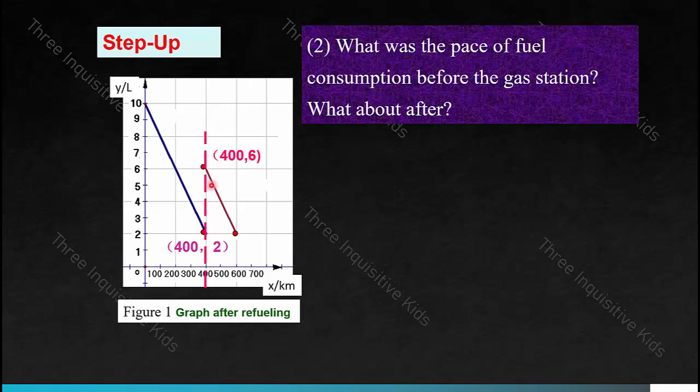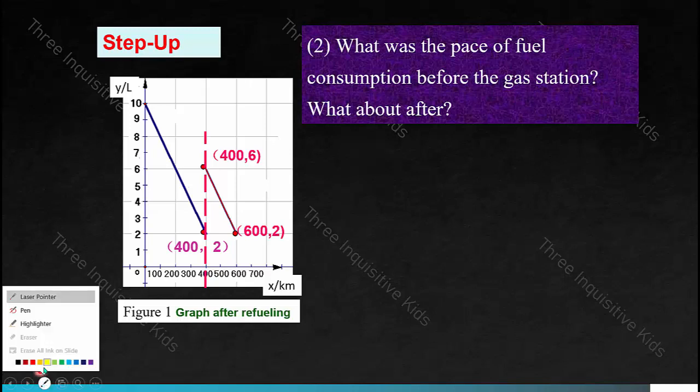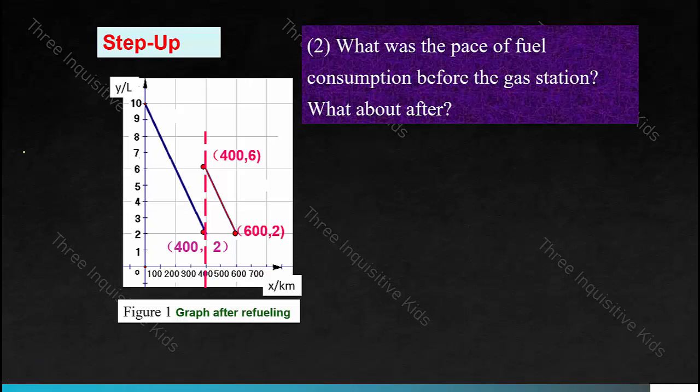And this x value that they both have is 400. And here it has a value of 600, 2. So we can find the change in y divided by the change in x. This is something we have not covered specifically yet, but I will be going over it quickly. This is delta, a Greek symbol for change in. So we write it as change in y divided by change in x.